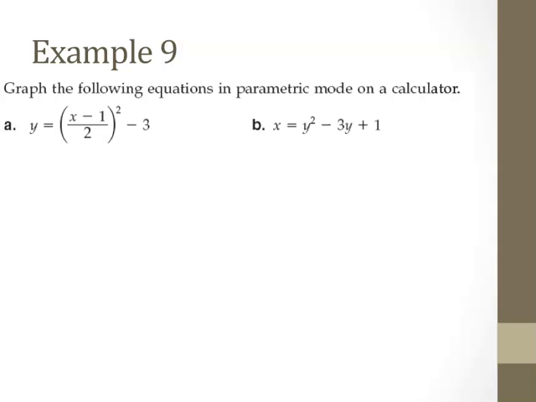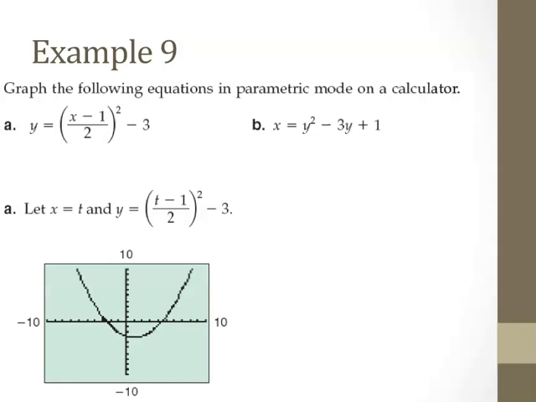So in this first one, we have y in terms of x, so we are going to let x equal to t, and then we let y equal, and then all you have to do is replace the x with t, so t minus 1 over 2 squared minus 3. Now, if you were to graph this, you will end up with a parabola. In the second one, you see how in this one we have x in terms of y, which is different from the first one where you had y in terms of x.